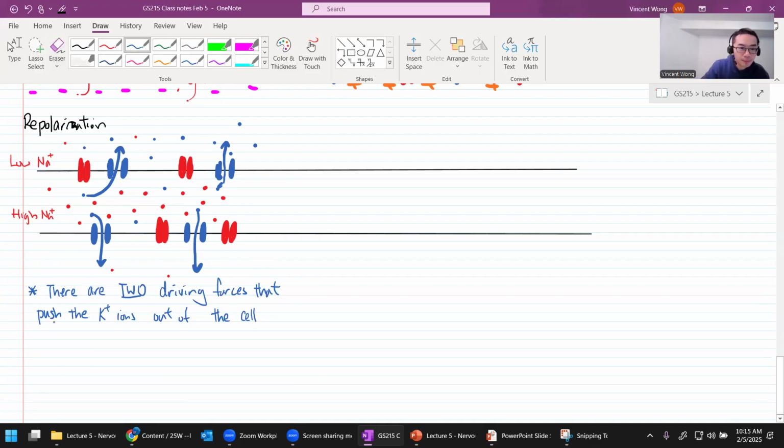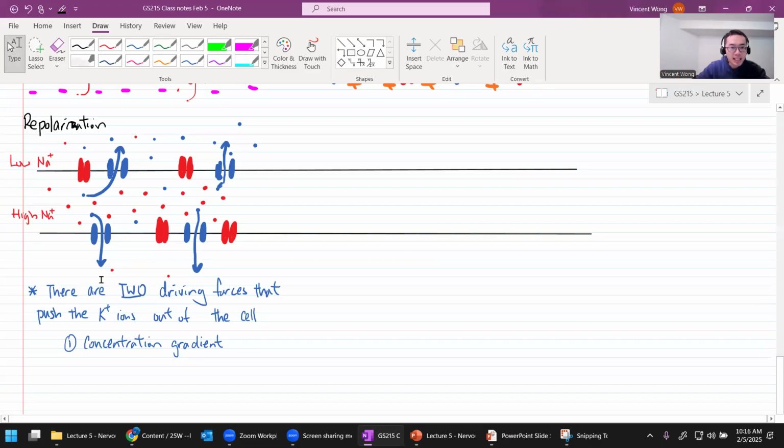Number one, concentration gradient. Okay, that part is not hard to understand, right? Like it was high on the inside and low on the outside, so obviously they want to leave. Okay, things naturally want to go from high to low concentration, so that's going to push them out.